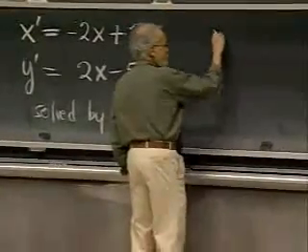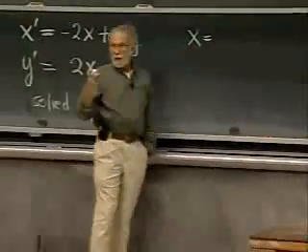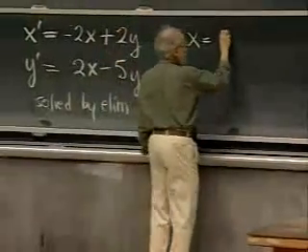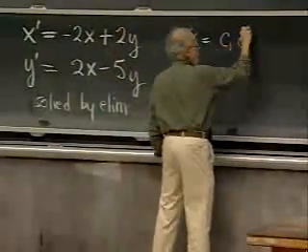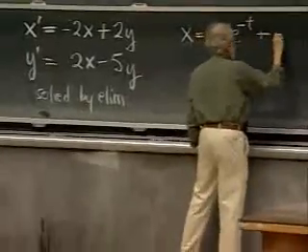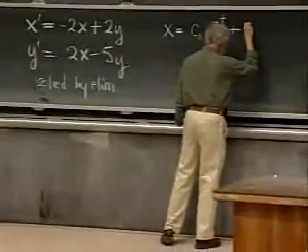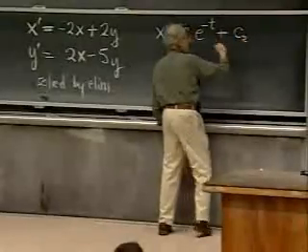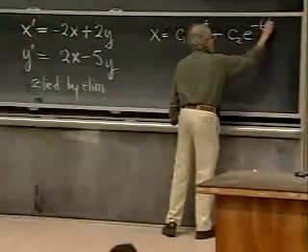So I'll just remind you of what the final solution was when written out in terms of arbitrary constants. It was x equals C1 times e to the negative t plus C2 e to the negative 6t.